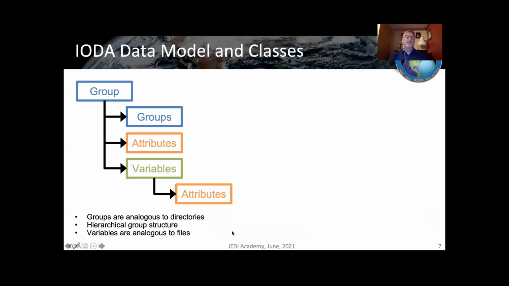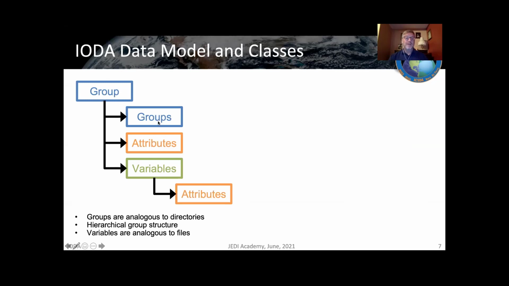To get into the data model layer of the IODA system, groups, variables, and attributes are the meat of the system. The organization is an awful lot like a file system, where groups are analogous to directories.